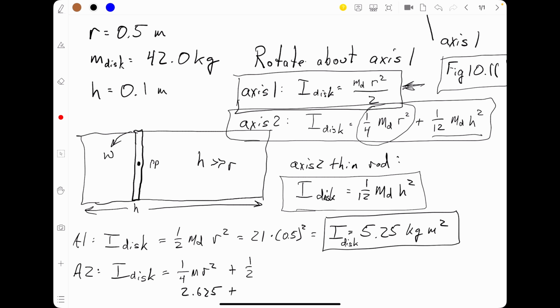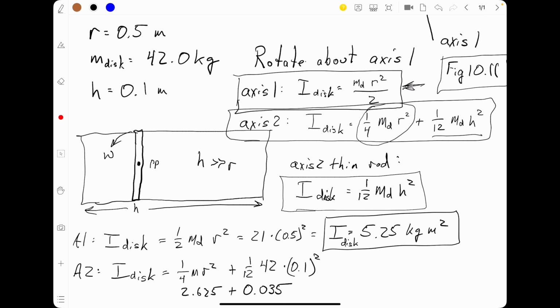And we're going to be adding that to our 1/12 mass of the disk, which is 42, times 0.1 squared. So what is that going to be? 42 divided by 12, times 0.1 squared: 0.035.